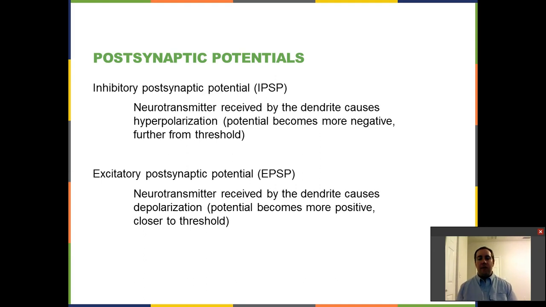Another example is in your eyes. When the light hits the first neuron on your retina, that light actually gets converted into a voltage change, which causes it to hit threshold and fire. If you are in the motor system, the first neuron in the line is in your central nervous system, your brain or your spinal cord.